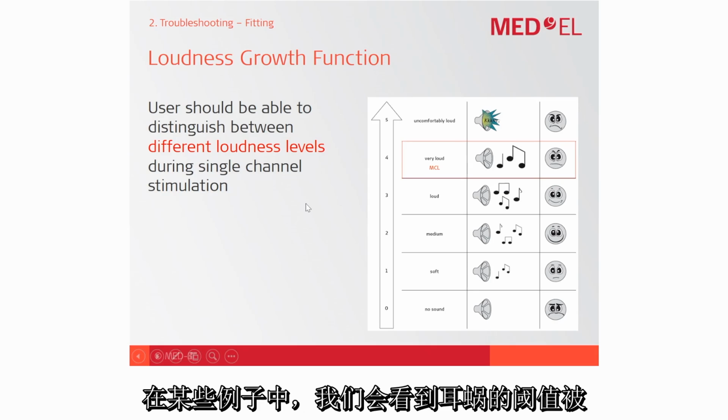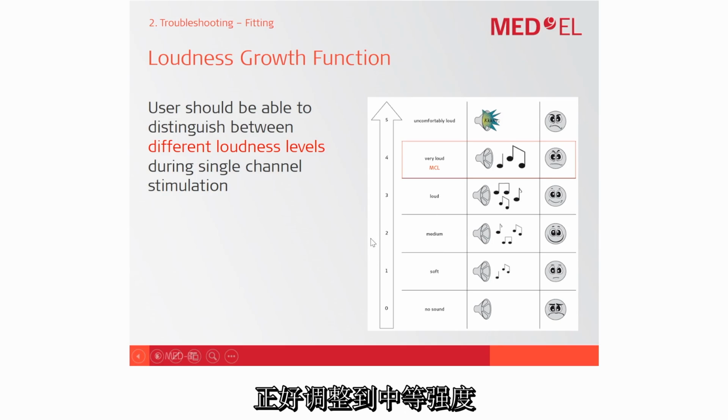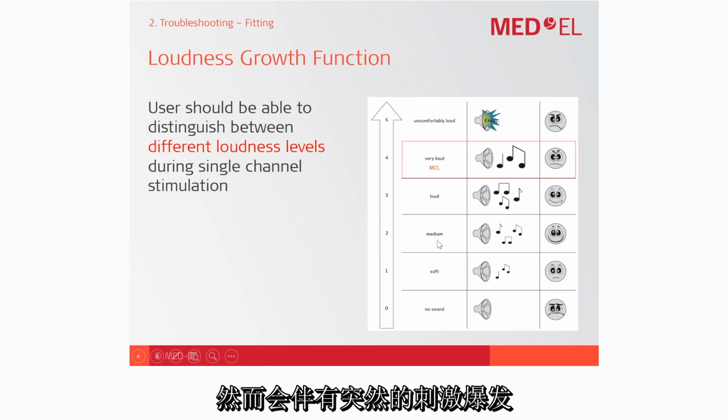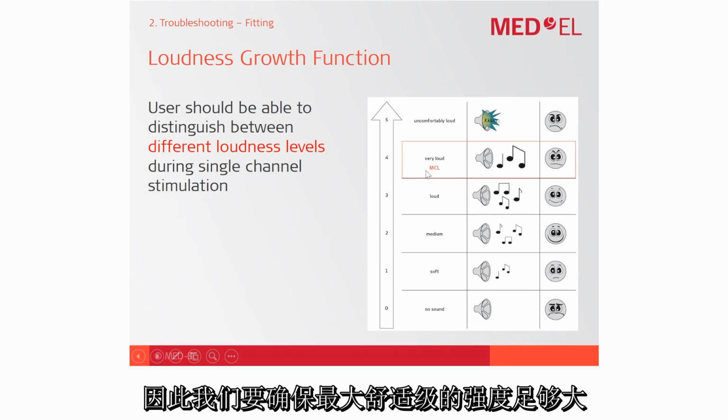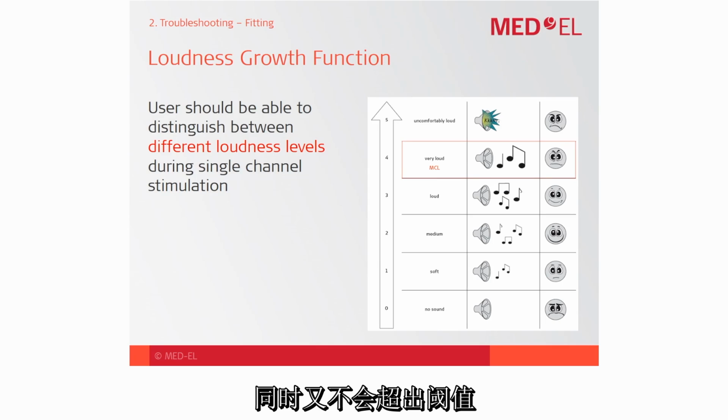In some cases we saw that CI users were adjusted to just a medium level while single stimulation bursts were presented, and consequently the live map was not loud enough. So please make sure that the MCL, which stands for maximum comfortable level, corresponds with a very loud and strong sensation, but for sure does not create overstimulation.